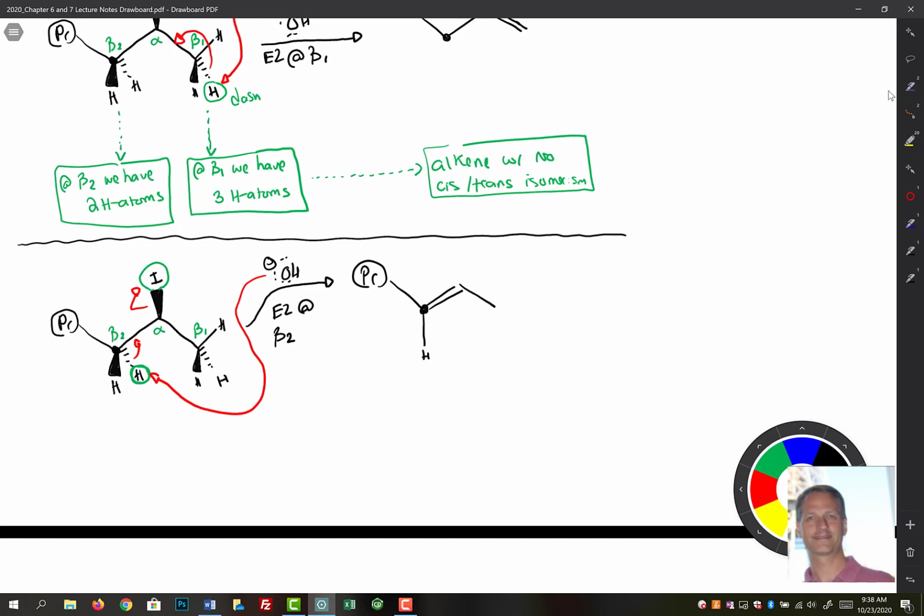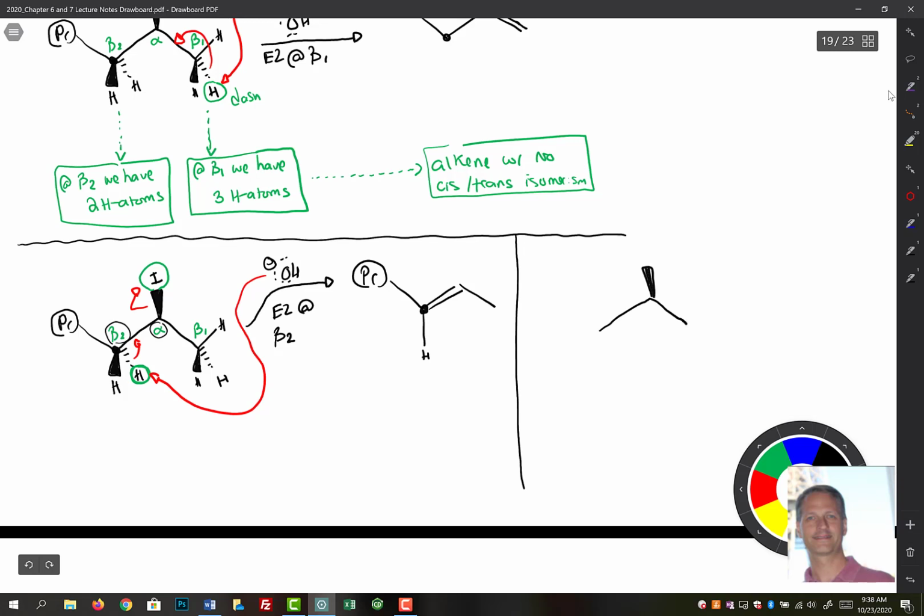Now, remember, we have free rotation around this alpha to beta 2 bond. So something else we could do here, and I'm just going to draw a little line here, is a rotation. We can start off with our structure like this. Here's our CH3 down here at the end.